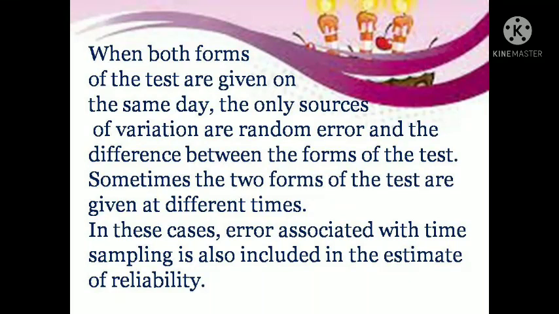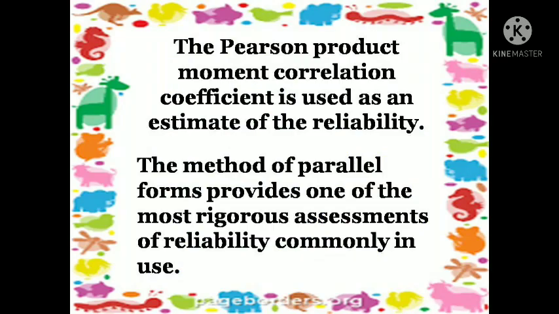Sometimes the two forms of the test are given at different times. In these cases, error associated with time sampling is also included in the estimate of reliability. The Pearson product moment correlation coefficient is used as an estimate of the reliability.